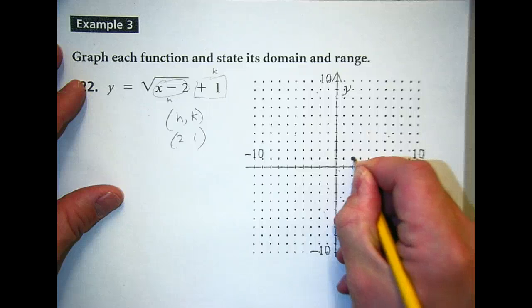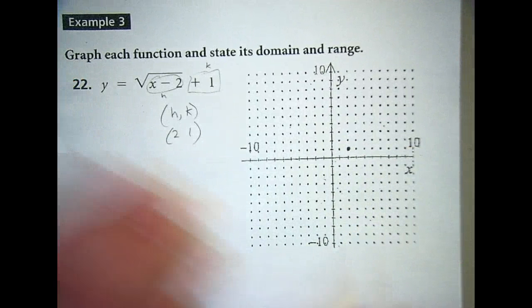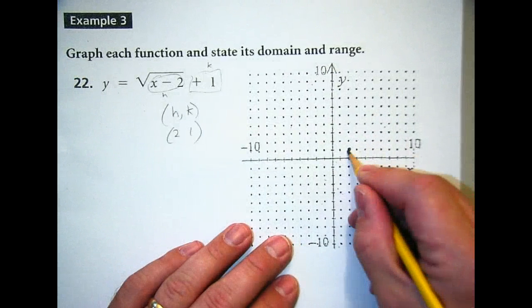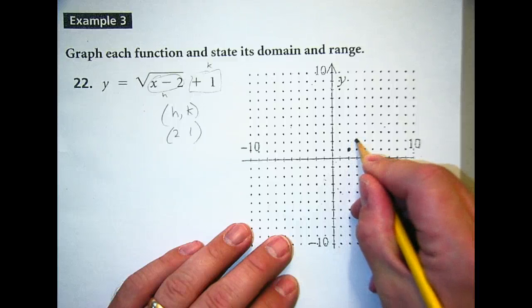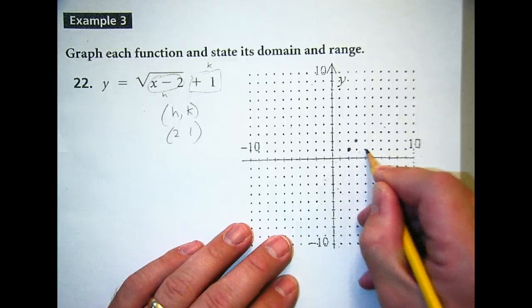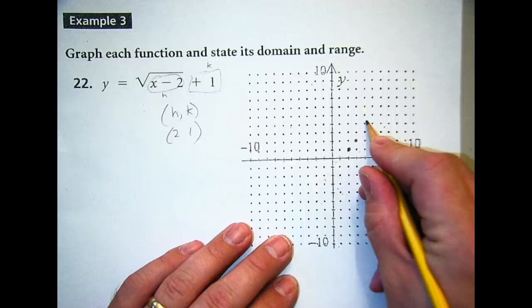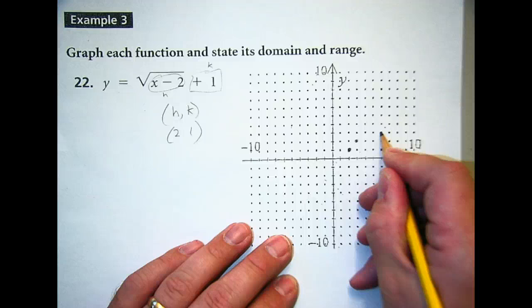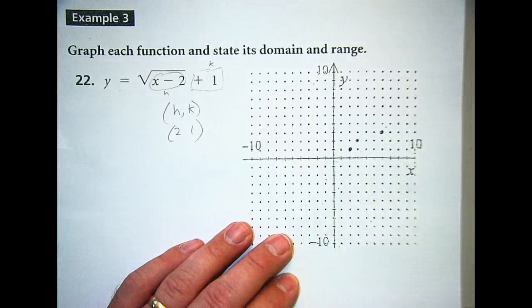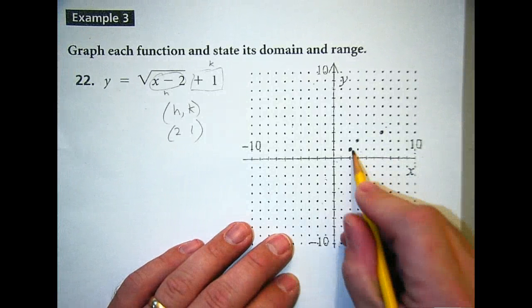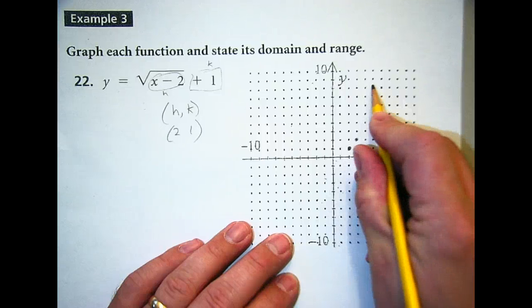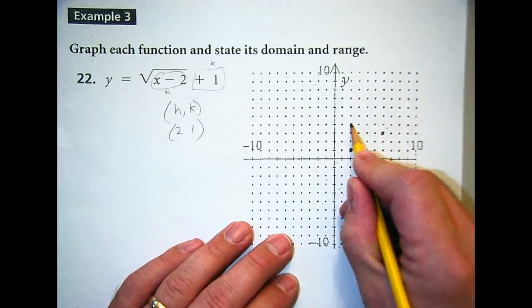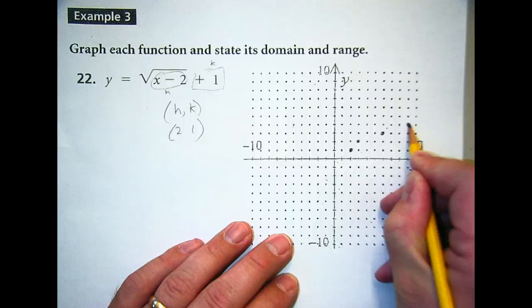Right there. And then rather than going over 1 and up 1, we go up and over now. And rather than going over 2 and up 4 times a, we're going to go up 2 and over 4 times a. So it's just a flip of a parabola. Rather than going over 3 and up 9, we go up 3 and over 9.